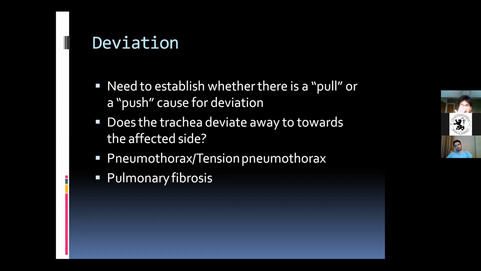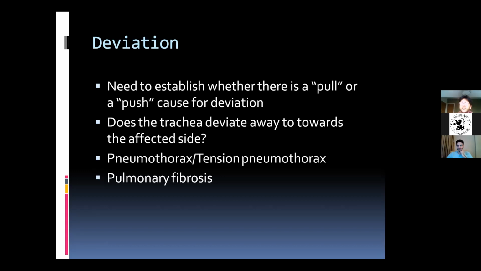Basically this will result in the lungs losing the ability to expand and contract. At the same time, they'll start to shrink. When they shrink, they'll drag the pleura with them. So what you're creating is a negative or lower intrathoracic pressure on that specific side. When you're creating this negative pressure, the trachea will automatically deviate towards the affected side.